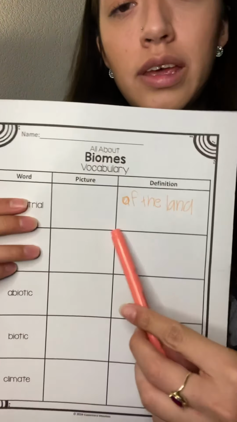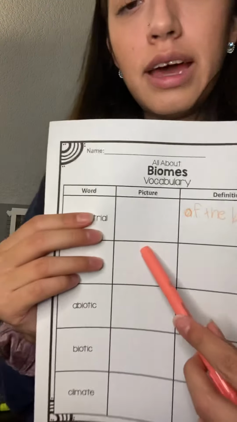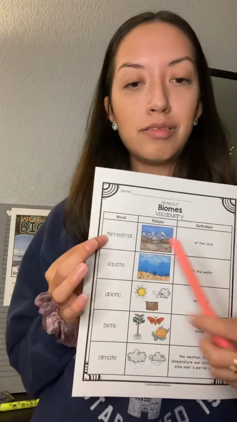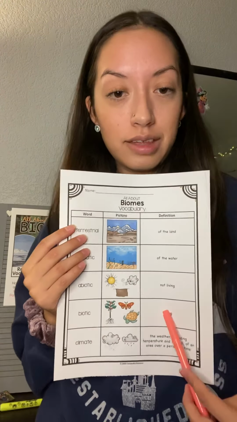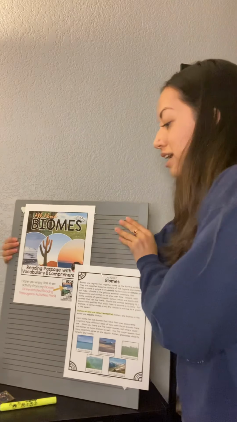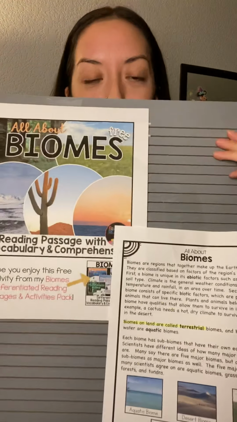So here's my definition, of the land, and then I would draw a picture of land, and it's that simple. And I think that the kids would have a really fun time doing this because they get to draw a picture and the definition is in the text, so they'll be able to clearly see it. And so yeah, that is my activity for vocabulary.